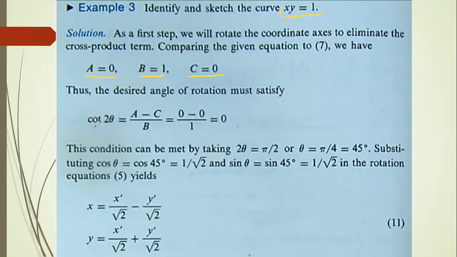So we have cot 2 theta is equal to a minus c over b. A being 0, minus c being 0, over 1, which is 0.